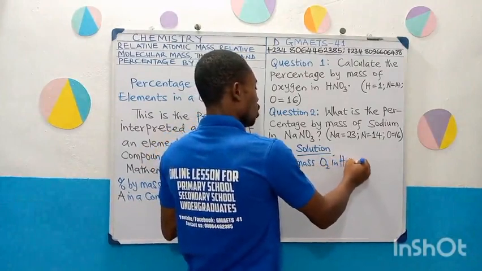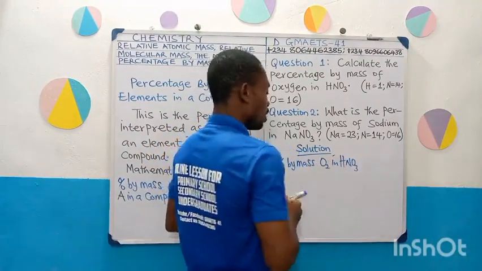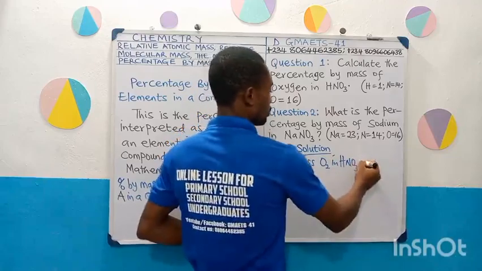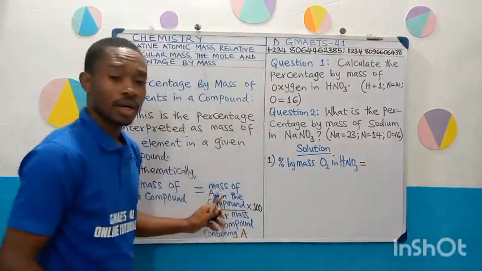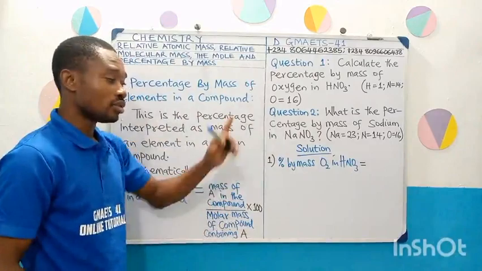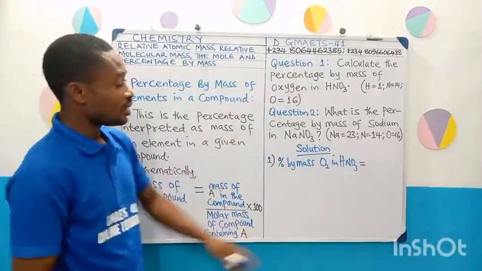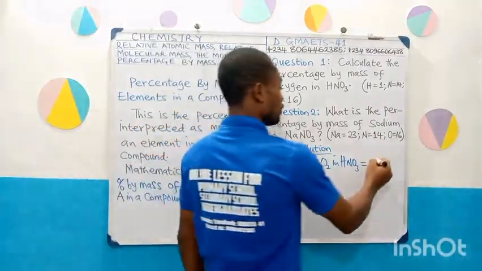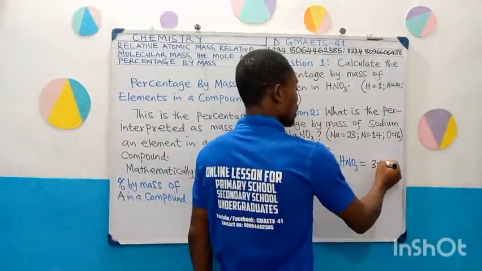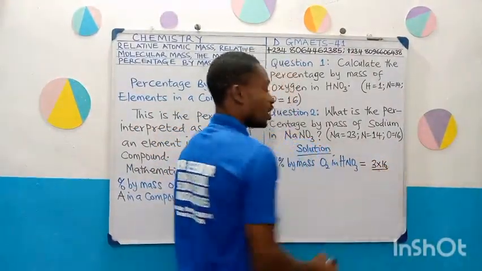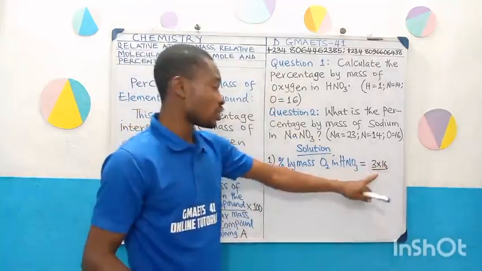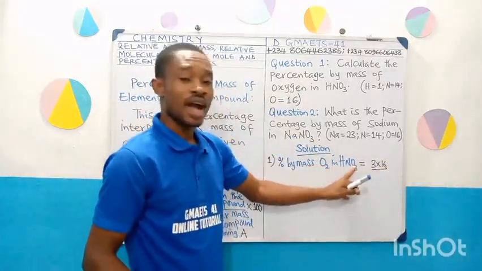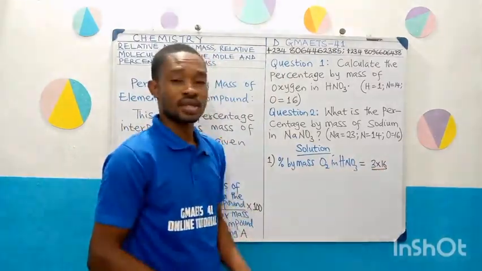Using this formula, it will simply be equal to the mass of oxygen in that compound. And oxygen here, how many atoms do we have? 3. So it's going to be 3 times 16. The relative atomic mass of oxygen is 16, and there are 3 atoms there, so it will be 3 times 16.